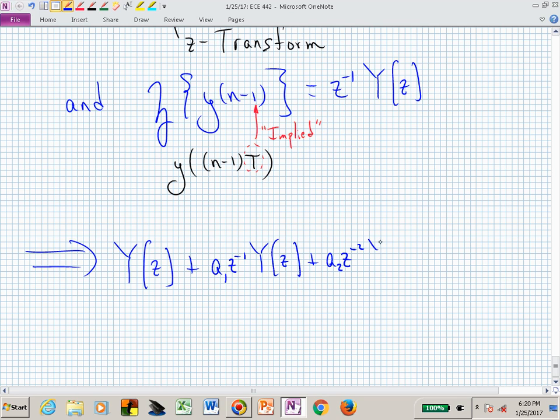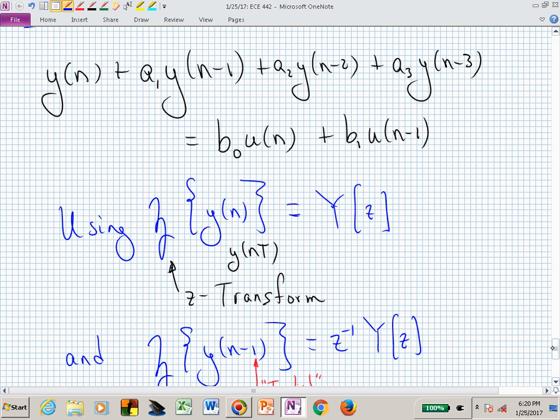Minus 2 Y of z plus a sub 3 z to the minus 3 capital Y of z, and that's equal to b sub 0.